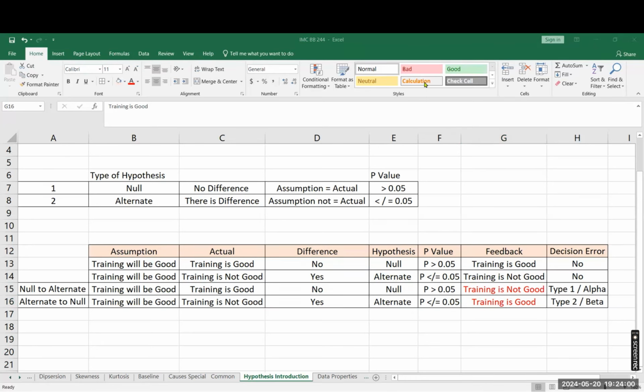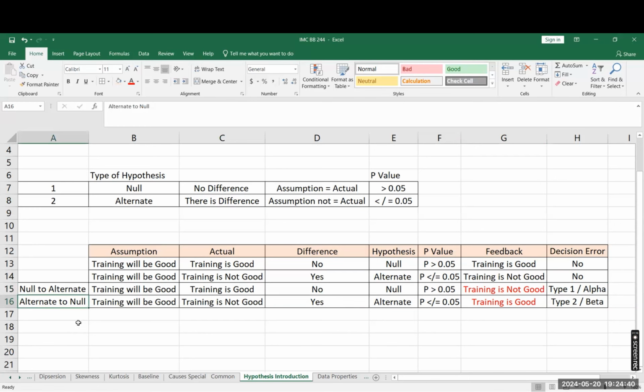Last two points, Kamran. Here I am taking a decision error, which means I am taking the opposite decision of what my data is telling. In this case, data is telling training is good, and that was your assumption. But you are giving the feedback that training is not good, which means you are not following what the statistics is telling. Stats is telling that there is no difference, but you are saying there is a difference. Then this is called your type 1 error or alpha error.